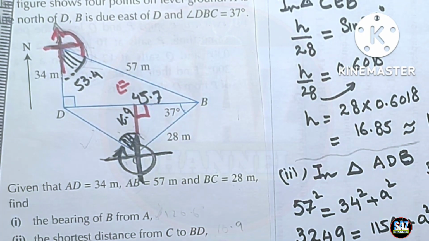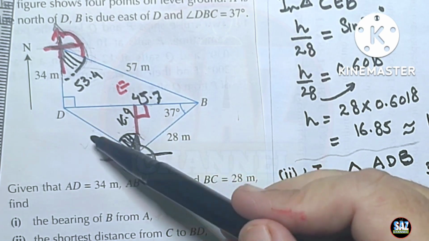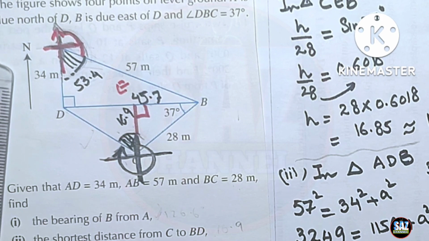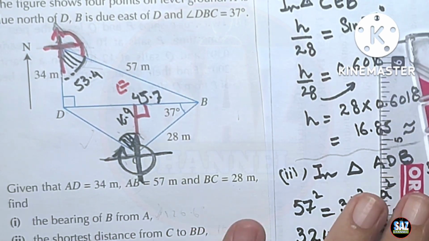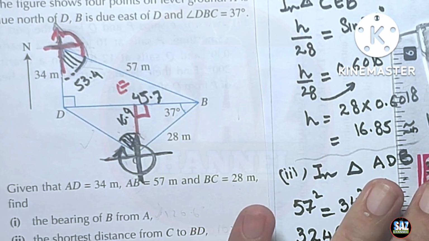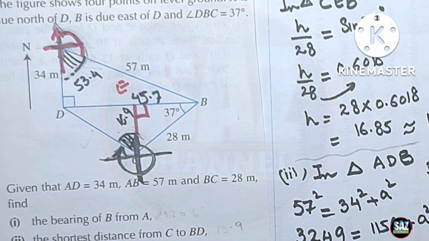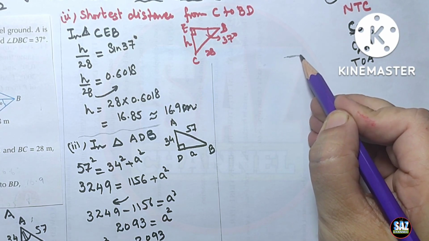Again, what we have to do is get this side, DC. For that purpose, let me separate this part. Again, which triangle do I have to take, students? The bottom triangle, that is D, B and C. Very interesting questions.